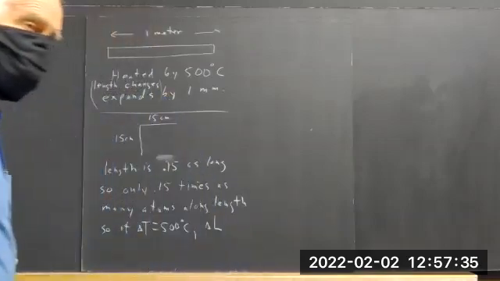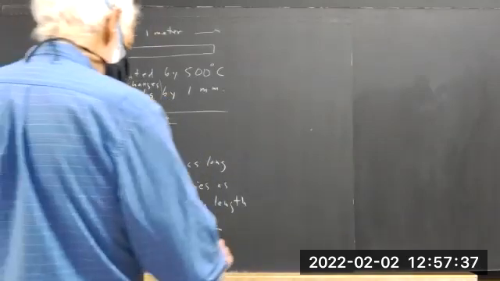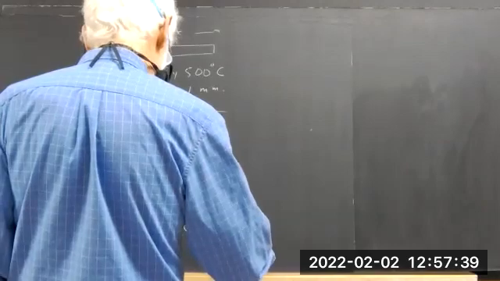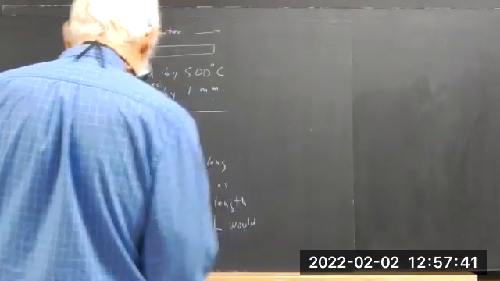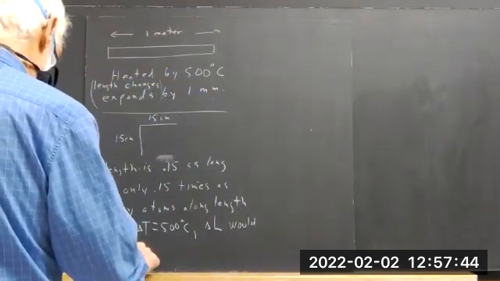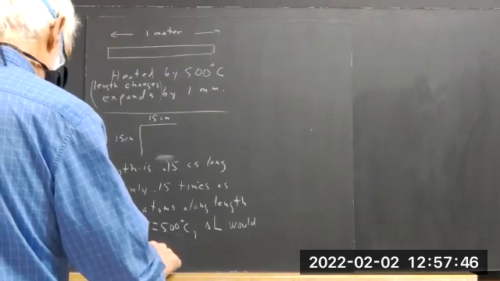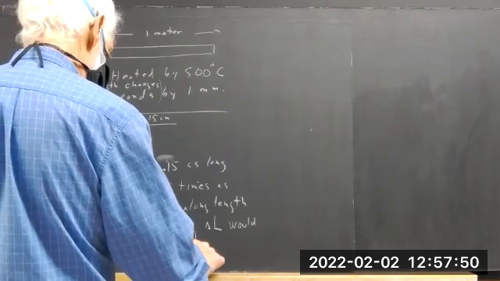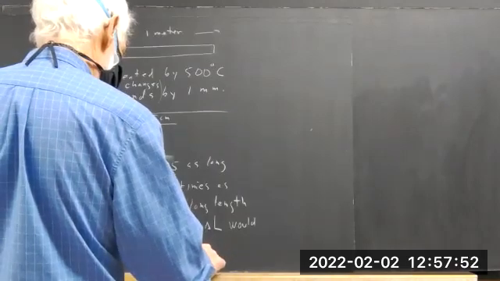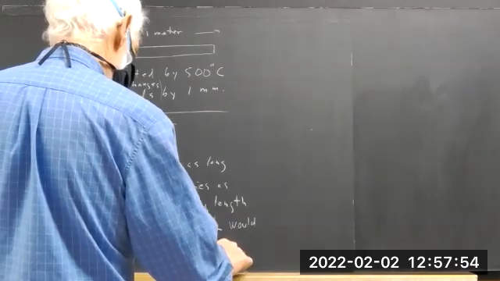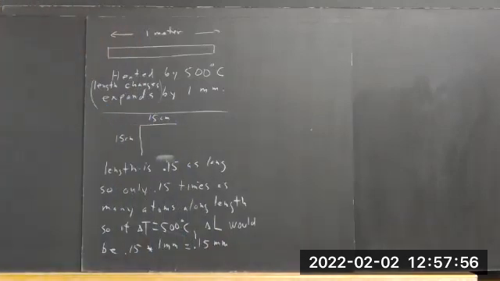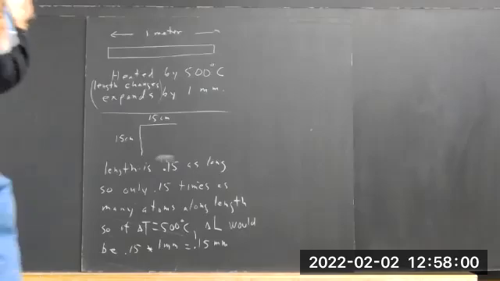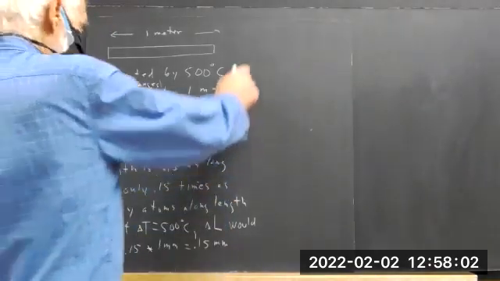Delta L, which is a change in length, would be 0.15 millimeters, right?